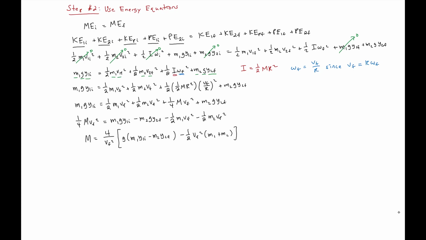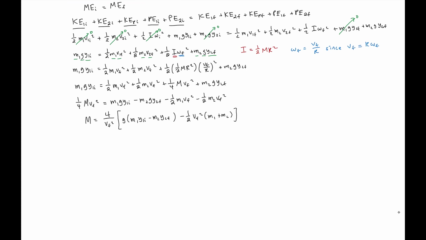Okay, so this is a little bit more simplified. M is equal to 4g times m1 y1i minus m2 y2f over vf squared, minus 4 divided by 2, which is just 2. The vf squares cancel, so this is 2 times m1 plus m2.